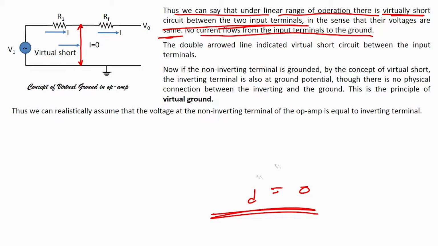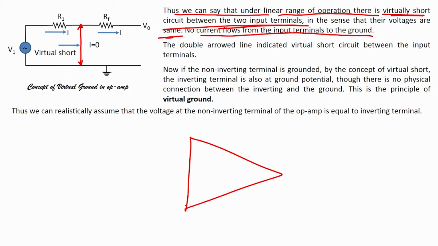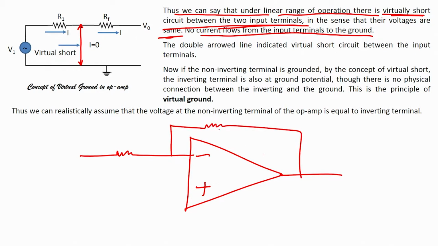So, this circuit what you can see here, inverting, non-inverting, this is RF, this is R1, this is current, ground.